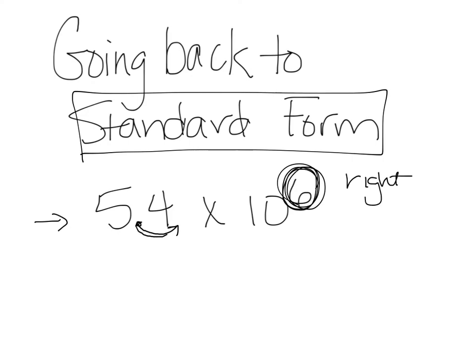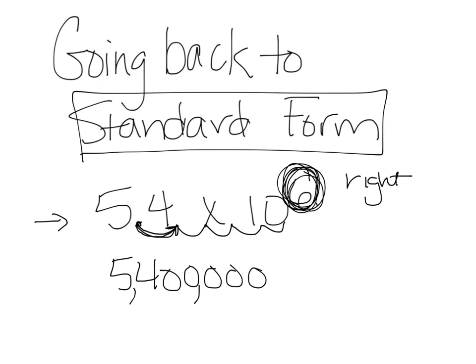So if I go 1, I've got the 5 and the 4. I've got to go 5 more places, don't I? And I know that's just going to add 5 more zeros. I didn't just add 6 zeros, though. Don't mess that up. I went 1, 2, 3, 4, 5, 6 places to the right. And I got 5,400,000.